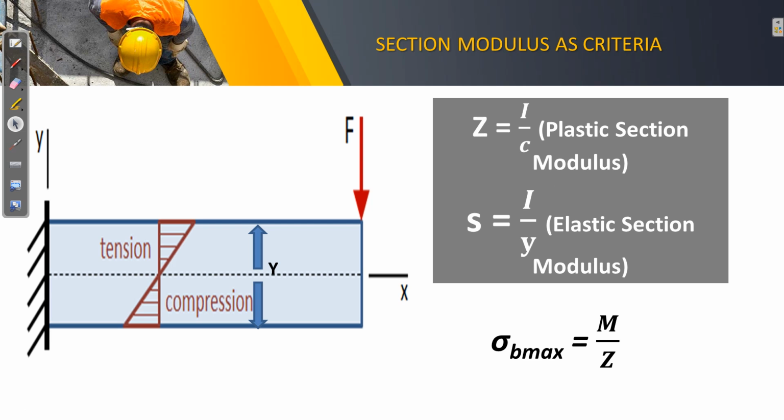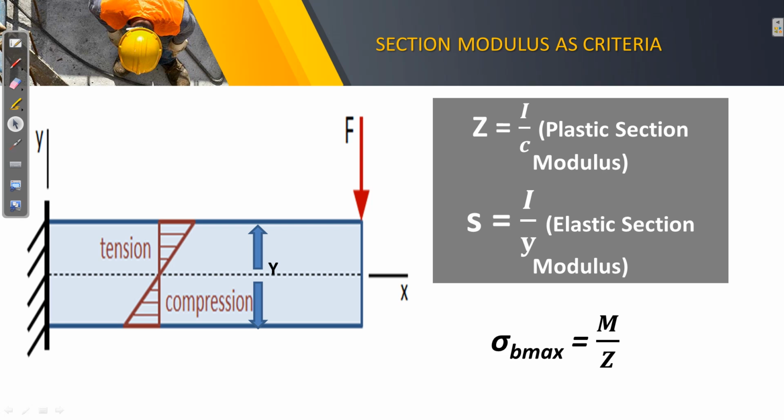So as a criteria, we need to have section modulus, since it involves dimensions in terms of I and the distance from the neutral axis. So section modulus normally is denoted by Z or S.